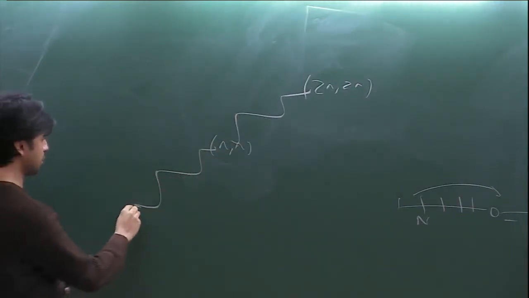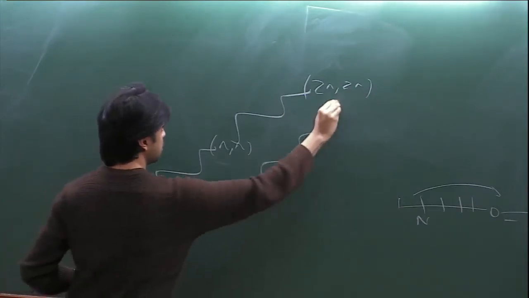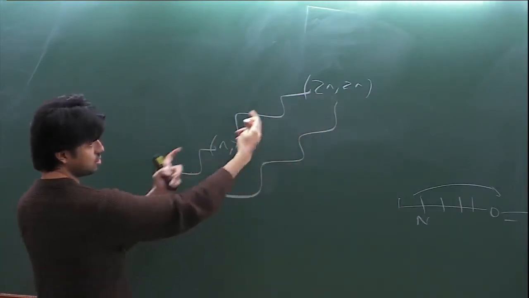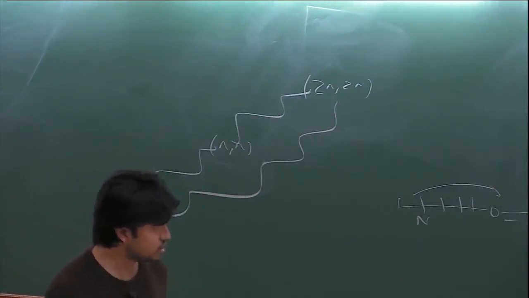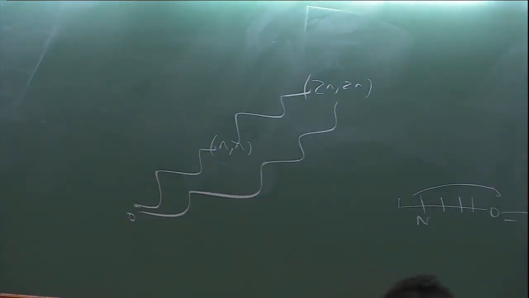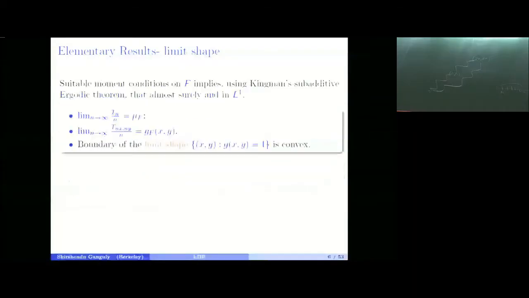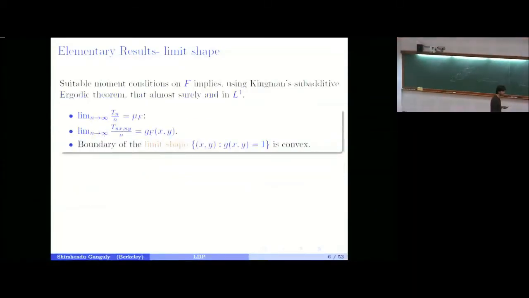But the best path from 0 to 2n could be something else. So this distance is at least this distance plus this distance. This is the natural superadditive property of the definition, and it tells us that the limit shape is actually convex.